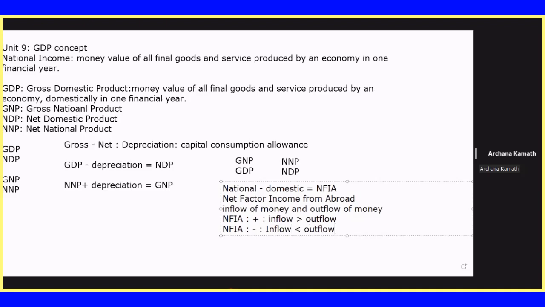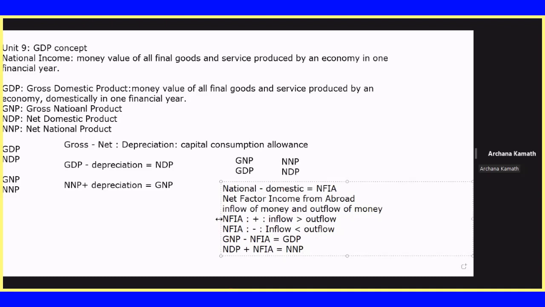More money is going out of our country when NFIA is negative. So you can say GNP minus NFIA is going to give you GDP. Fine. At the same time, if I add NFIA to the domestic concept, I will get the national concept of the same category.